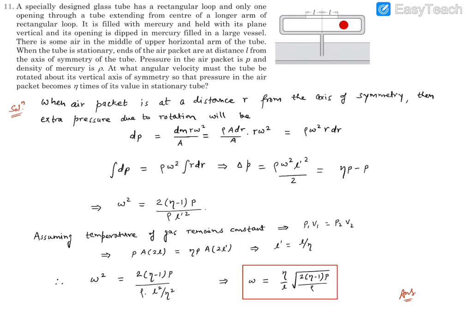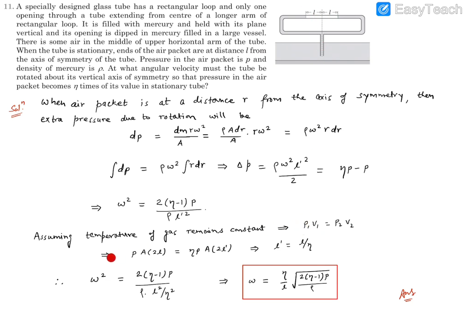Now assuming that while this is going on, the temperature of the system does not change, for this gas we will be assuming an isothermal condition. Then P1 V1 must be equal to P2 V2 for the gas in the upper tube.